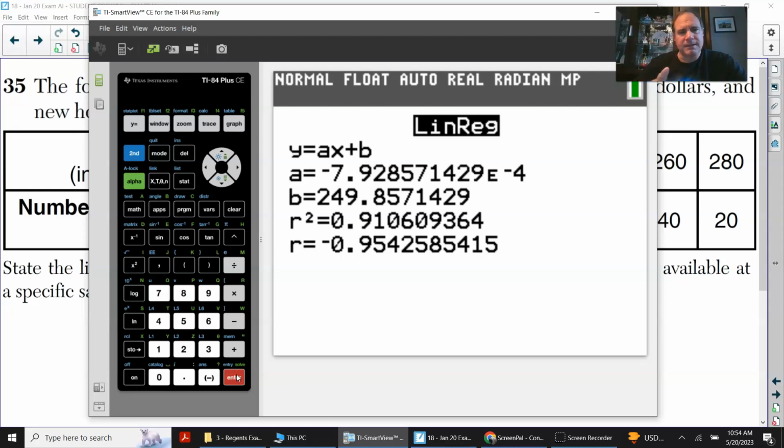So this right here, this a, is what you're going to use as your slope. And this b is your y-intercept. And r is the correlation coefficient.